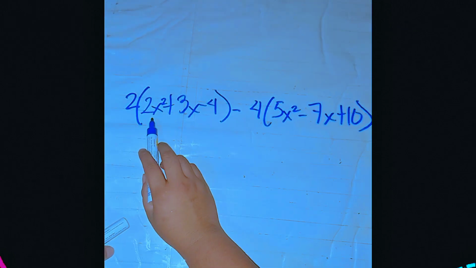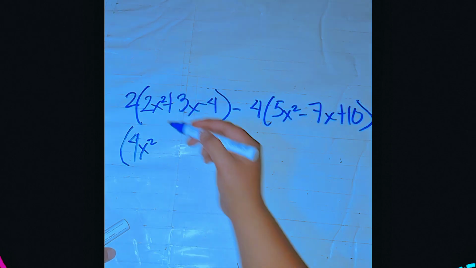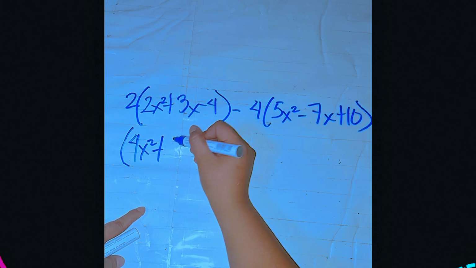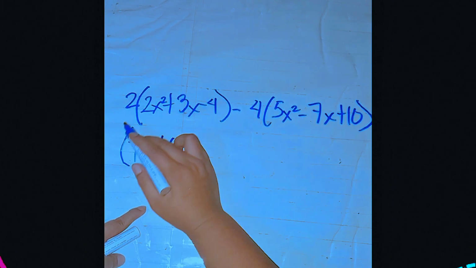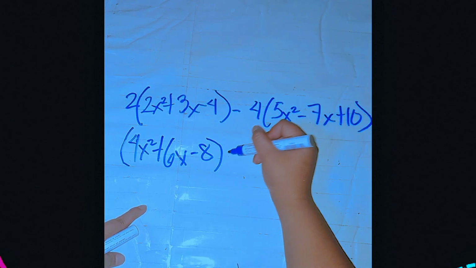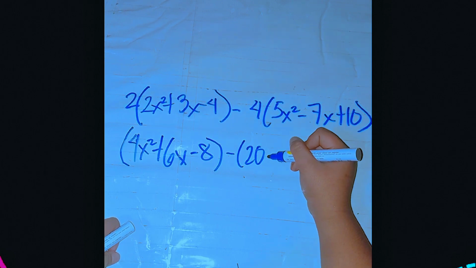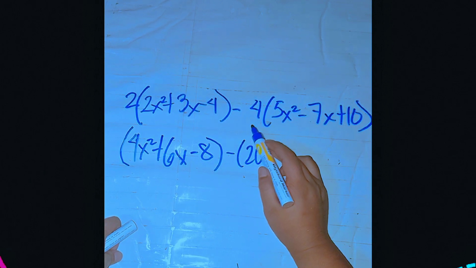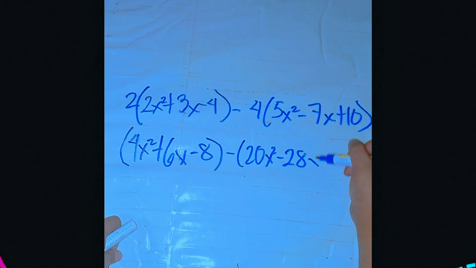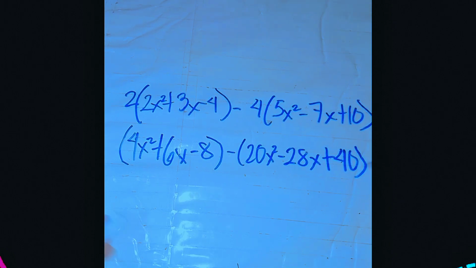Let's say 2 times 2x squared is equal to 4x squared. 2 times 3 is equal to positive 6x. 2 times negative 4 is equal to negative 8. Then the other one, 4 times 5 is equal to 20x squared. 4 times negative 7x is equal to negative 28x. Plus 4 times 10 is equal to 40.